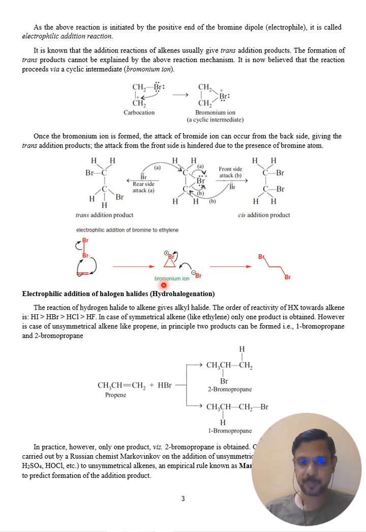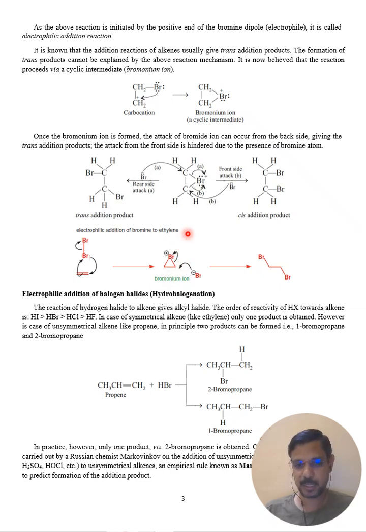So this bromonium ion forms during the intermediate stage. Once the bromonium ion forms, the second Br minus attacks the carbon from the back side of the bromonium ion, in the direction opposite to where the Br plus is.